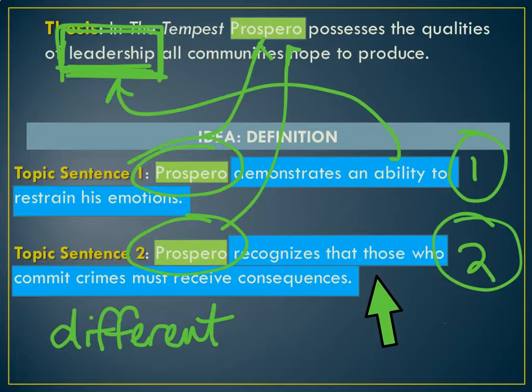It's probably important now to make note of how important it is, if you're going to make an attempt to write a definition essay or group your examples according to definition, that you really need to rely heavily on your evidence in your rhetorical analysis journals.